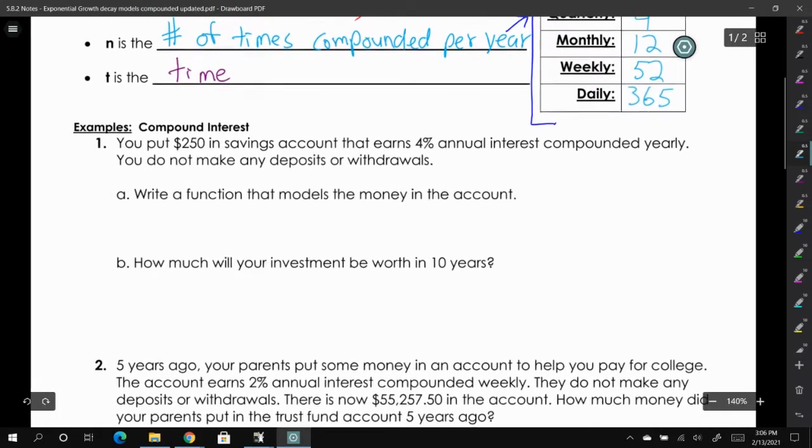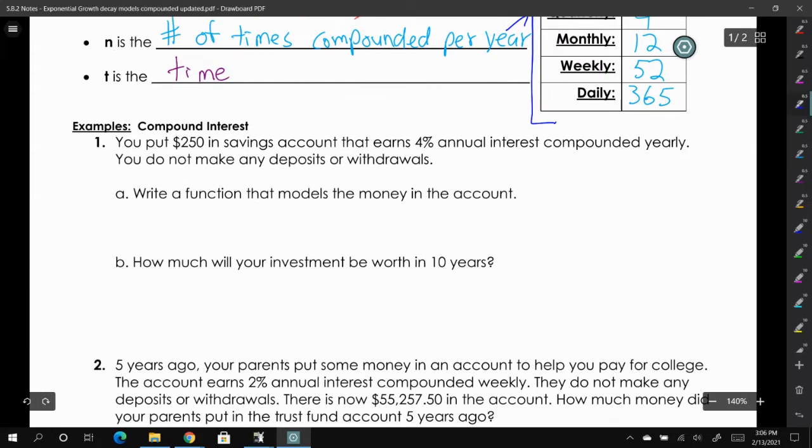Number 1 says you put $250 in a savings account that earns 4% annual interest compounded yearly. You do not make any deposits or withdrawals. Write a function that models the money in the account. So we're trying to figure out how much money we will have after a certain time period. So our initial investment was $250.